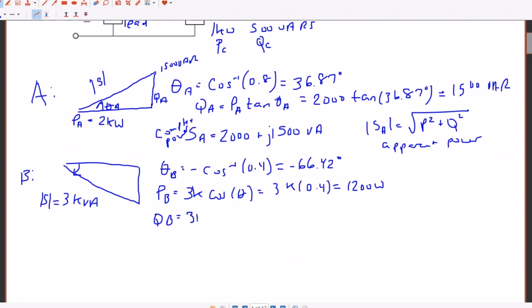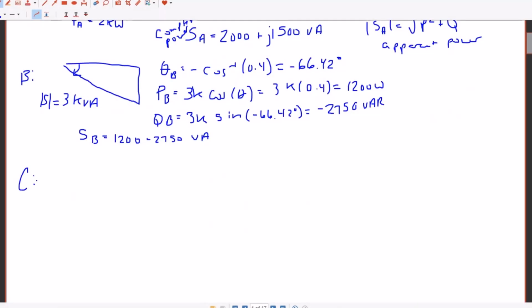And QB is 3k times the sine of negative 66.42 degrees. So QB is negative 2750 var. So the complex power is 1,200 minus j2750 volt amperes for B. Okay. Are there any questions?